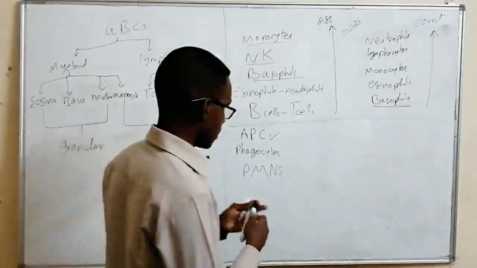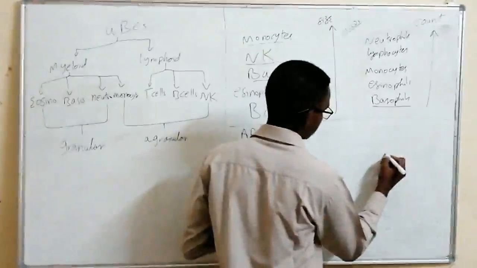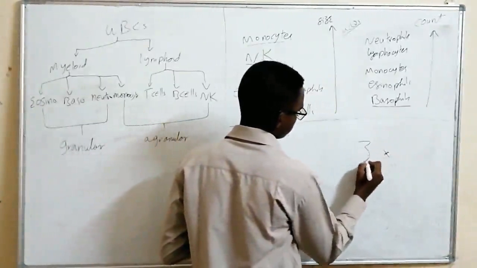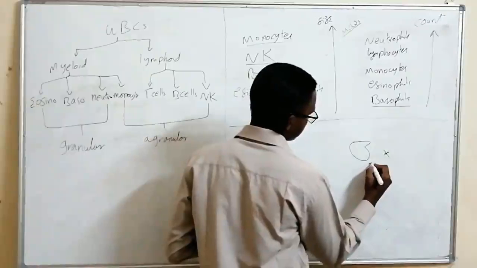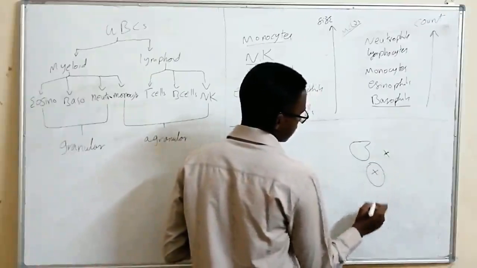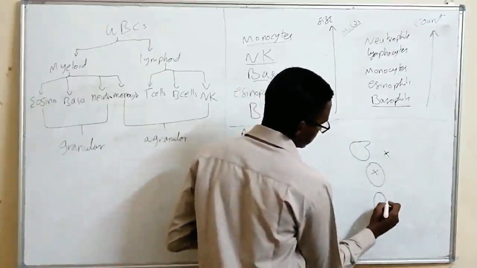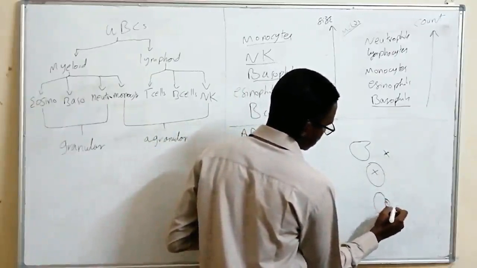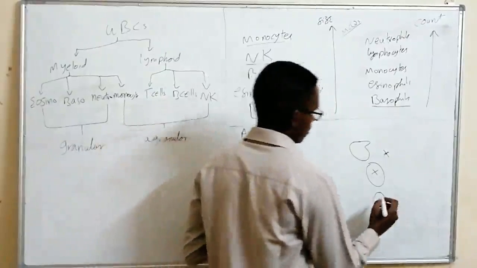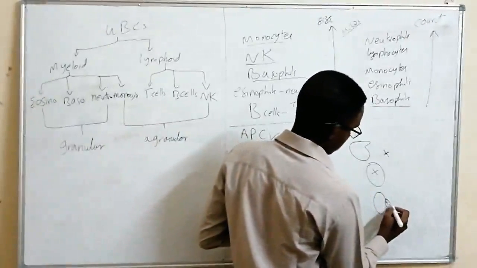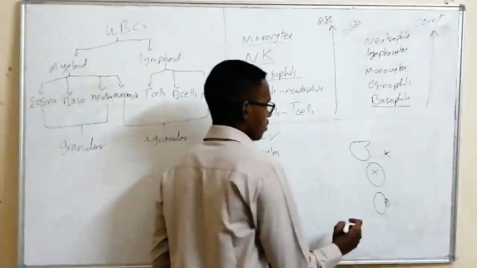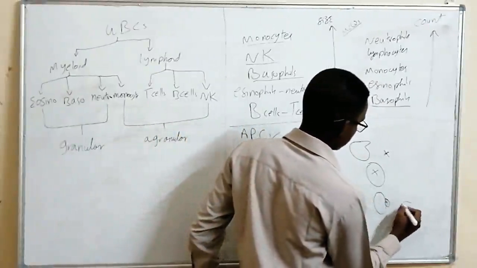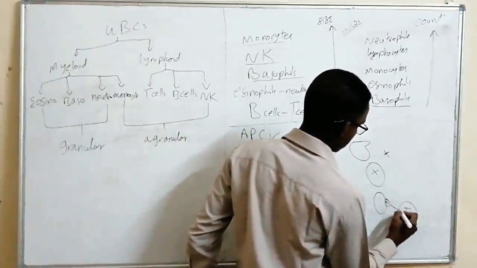Okay, so if there is an antigen here, the antigen presenting cells come, engulf it, then inside it they process it, then they present it right here on the surface in association with some molecules. We are going to talk in detail about that when we come to speak about these cells in particular. So they go to the T cells and present the antigen.